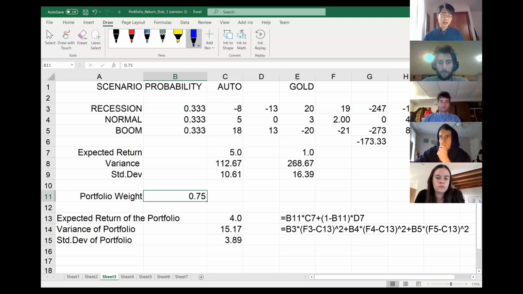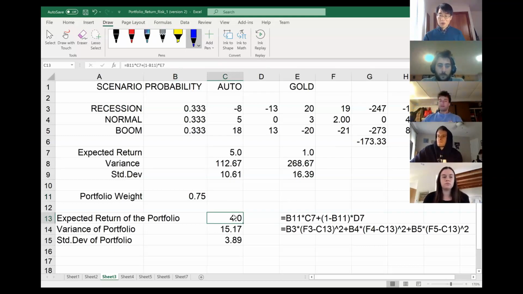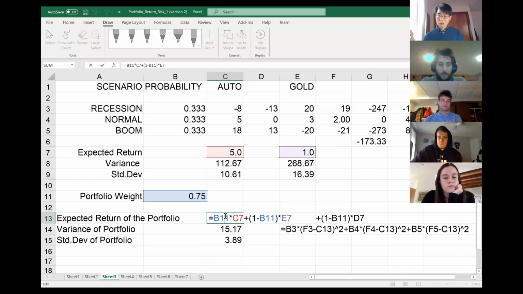You spend 3/4 of your money buying auto stock and 1/4 of your money in gold. In that case, what is the rate of return of your portfolio, and what is the risk of your portfolio? In the case of the rate of return, it's pretty simple. The rate of return is just the weighted average of the rate of return of each asset.